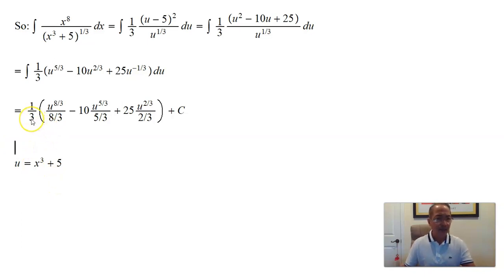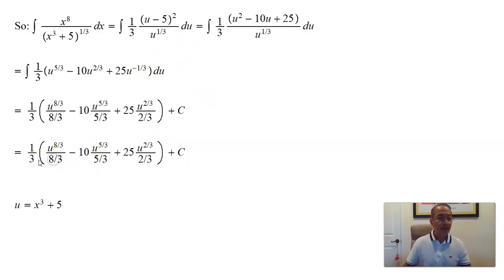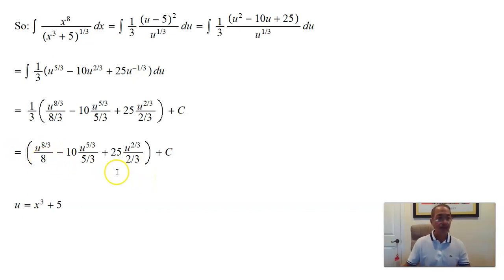And check it out, we also have a 3 here, and you have lots of 1/3 over here. Those all cancel, so we get just 8 in the denominator here, and then we will get just 5 over here.